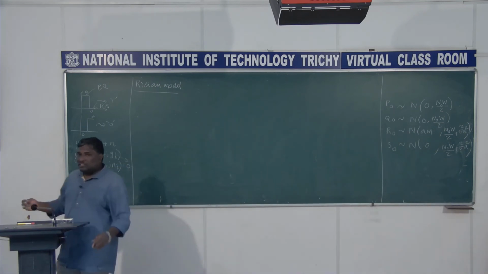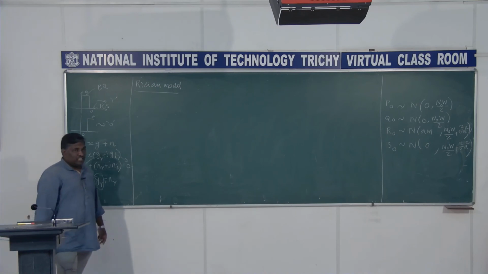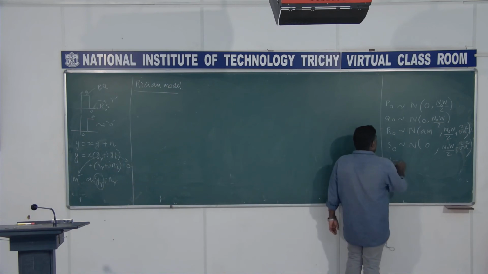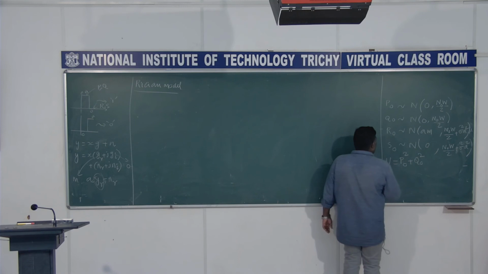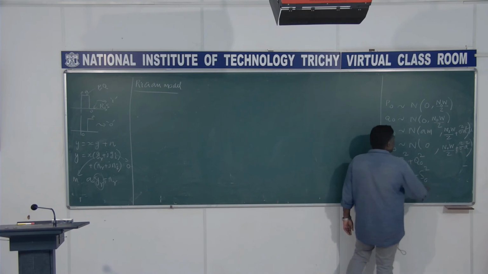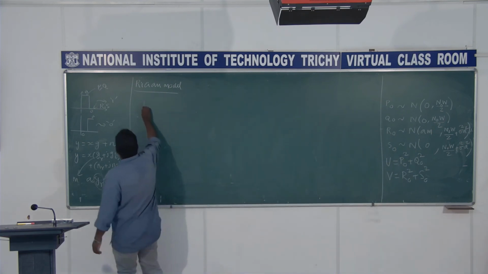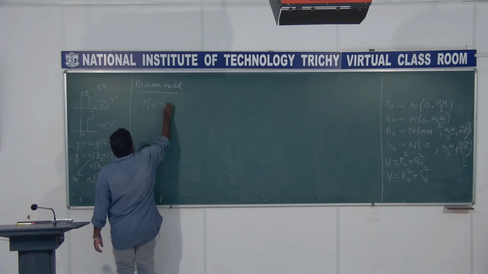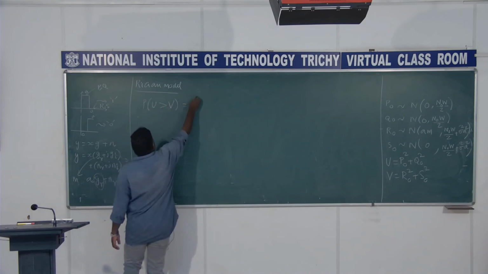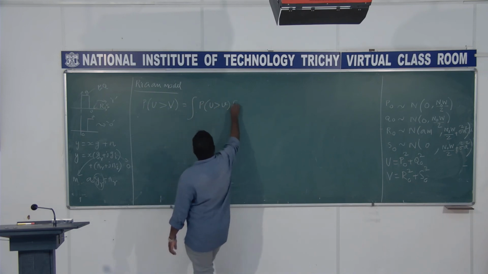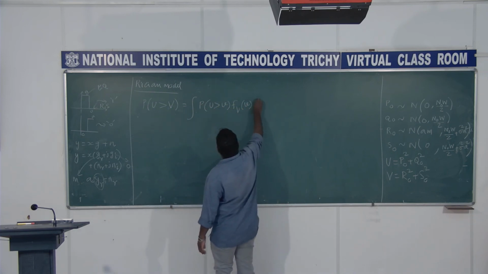The other things are the same as what we did yesterday, right? We got U as P0 square plus Q0 square and V as R0 square plus S0 square. We are interested in finding P of U greater than V, so that we know it is the integral of the probability of U greater than V times Fv of V dV.